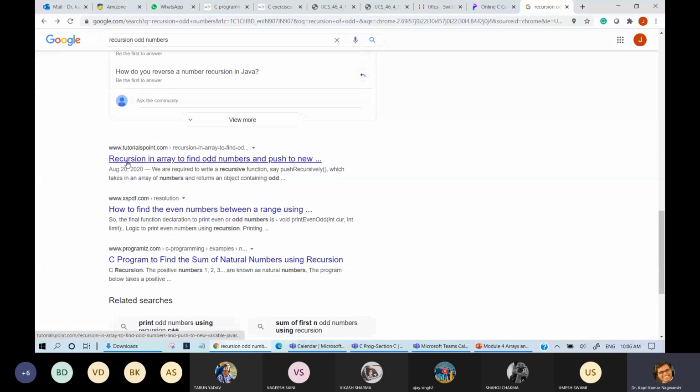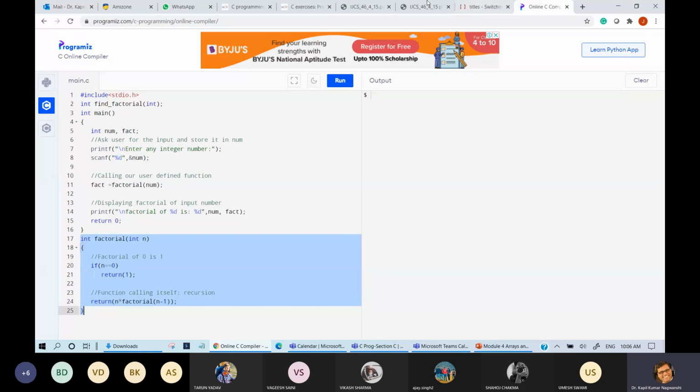Otherwise, I need to solve it by mathematics. Let us leave this problem here. Because factorial is very easy, each and every time you need to multiply, but here you need to return, like the previous example of Fibonacci series.